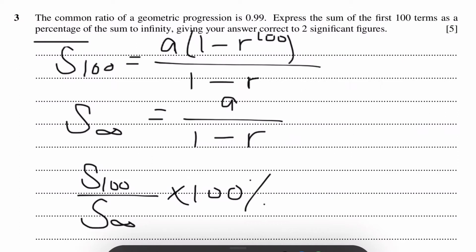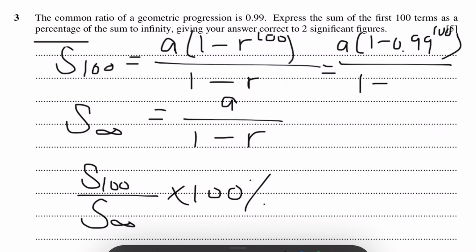For the sum of the first 100 terms, it will be a(1 minus 0.99 to the power of 100) divided by 1 minus 0.99. And for the sum to infinity, you will have a over 1 minus 0.99.